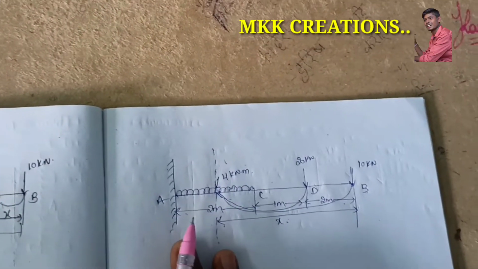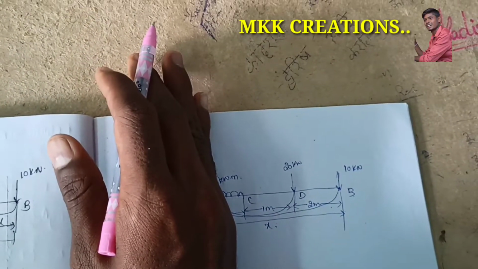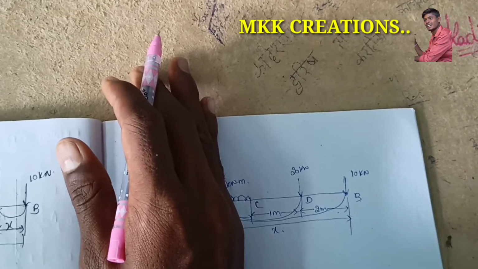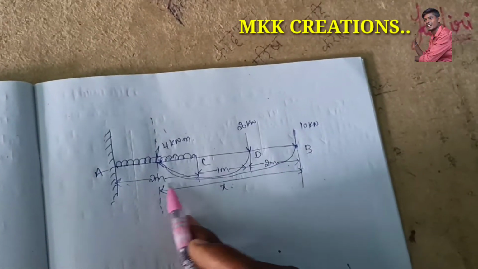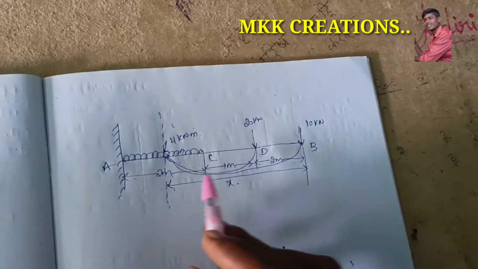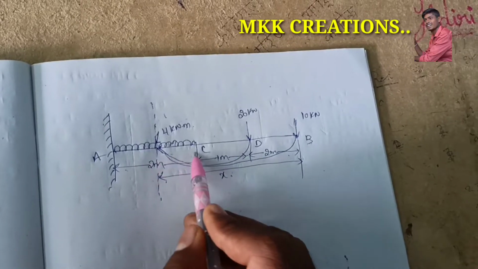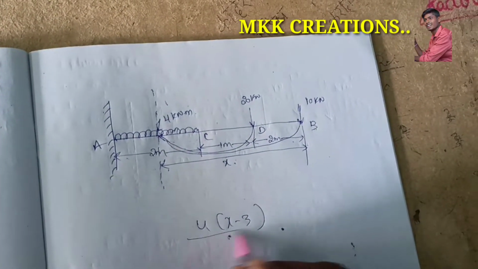Next, likewise bending moment. So bending moment is what? Minus 10 into x, minus 20 into (x minus 2), minus 4 into (x minus 3) into (x minus 3) by 2, because the load is acting at the center. This load 4 into (x minus 3), we think this is a load.